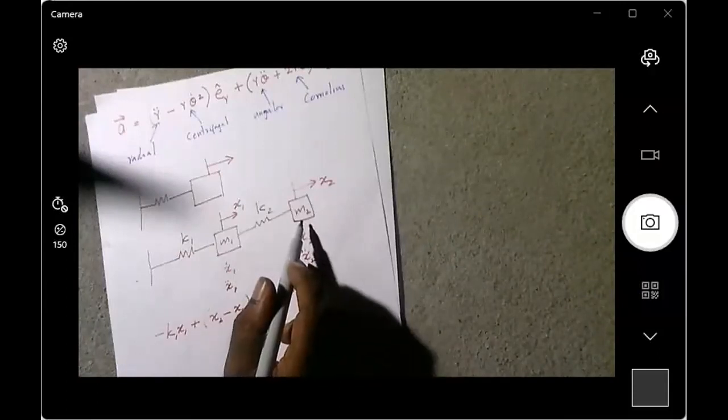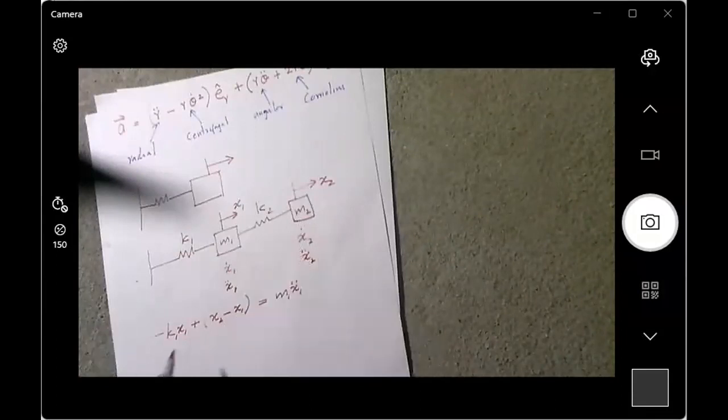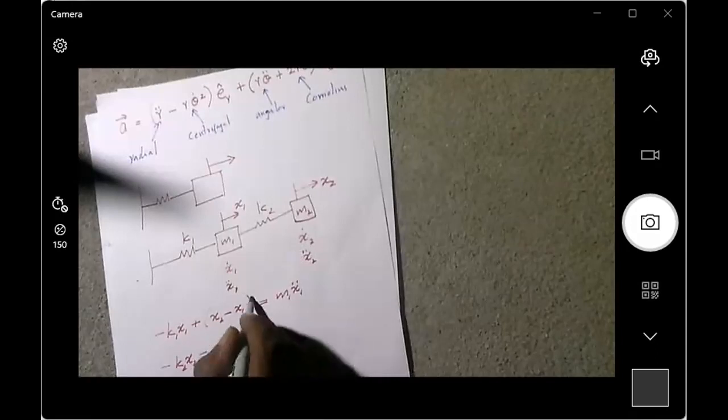In that case, what will happen? We have minus K2 X2 minus this K2 here.